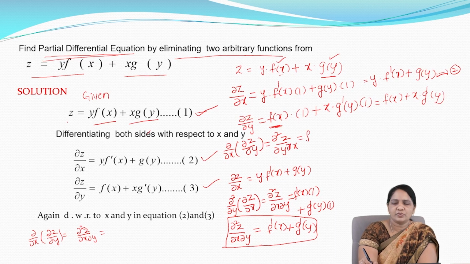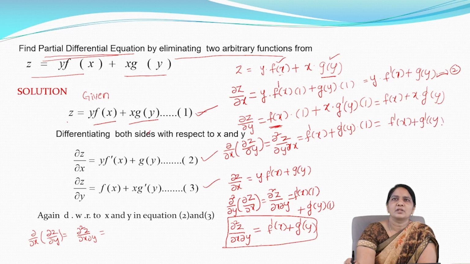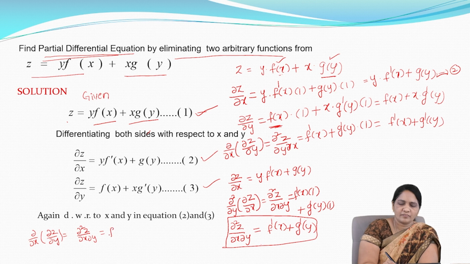So f of x derivative is f dash of x, plus here g dash of y is the constant, x derivative is 1. So finally I got here f dash of x plus g dash of y.